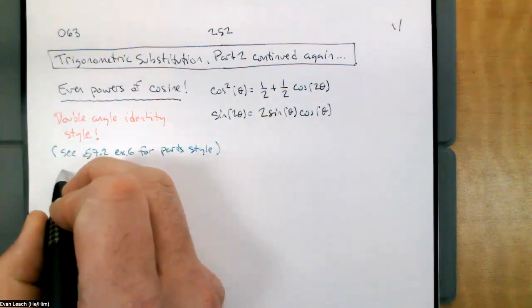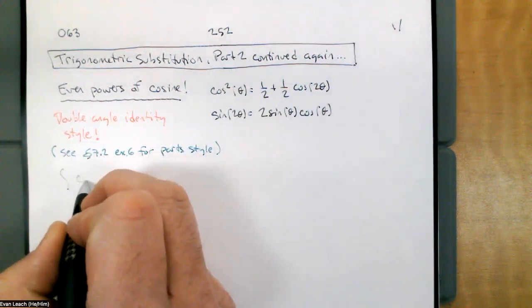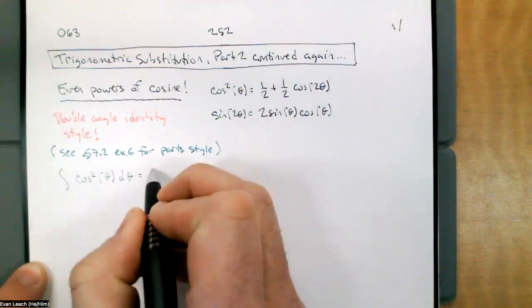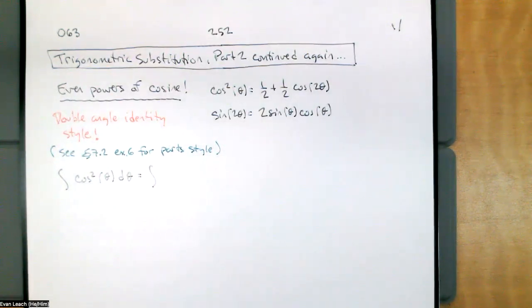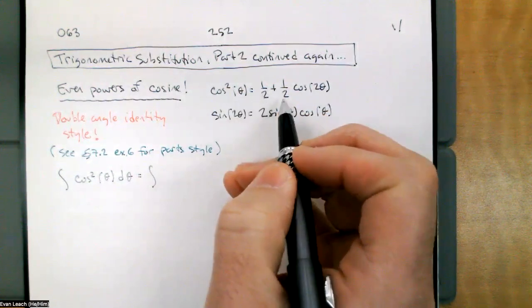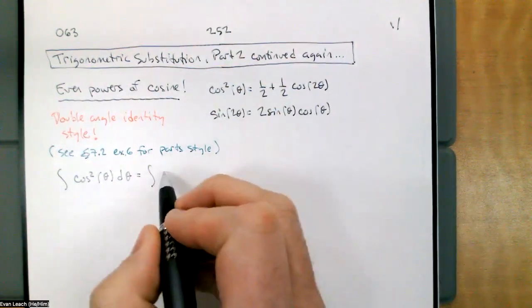So for example, if we want to integrate cosine squared of theta d theta, we're just going to replace it with the double angle identity. Cosine squared is 1/2 plus 1/2 cosine of 2 theta.